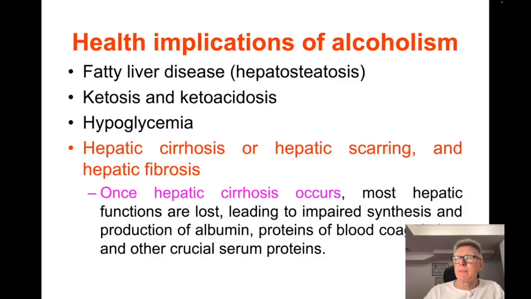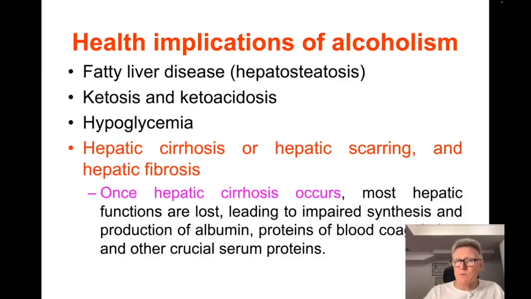So if you drink and you don't eat properly, and glucose levels go down, the liver cannot produce glucose through gluconeogenesis, and then it can lead to ketosis and ketoacidosis. Hypoglycemia, obviously, because if you cannot produce glucose, you cannot maintain your blood glucose levels within that narrow range that we always speak about. And also in the long run, especially in alcoholics, hepatic cirrhosis or hepatic scarring.